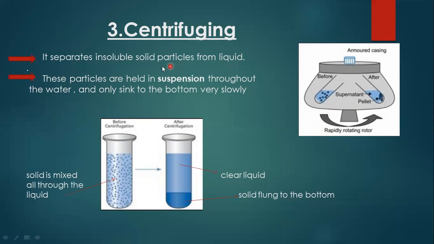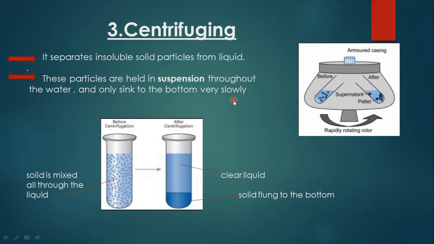But there is some difference. Here, the particles that can be separated by using centrifuging are held in suspension. Suspension is a type of mixture in which the solid particles are mixed all through the liquid. They remain suspended in the liquid and only sink to the bottom very slowly. Such mixtures that we discussed here are called suspensions.